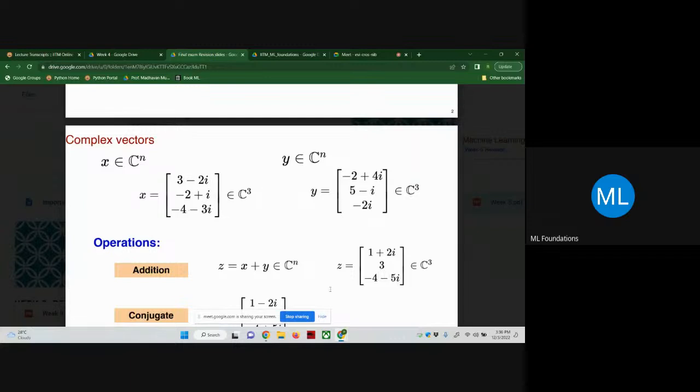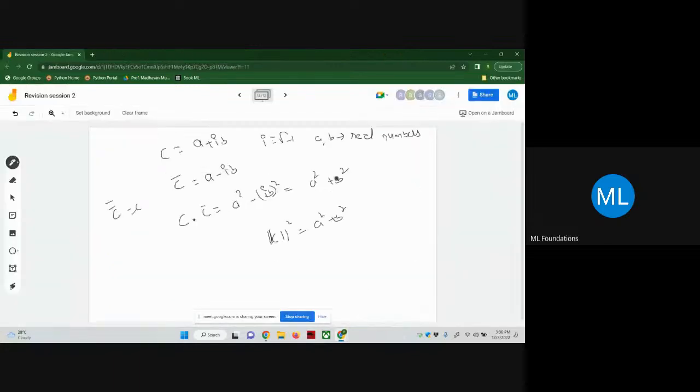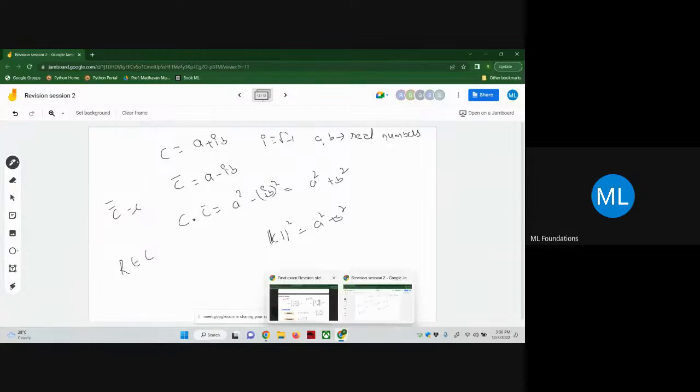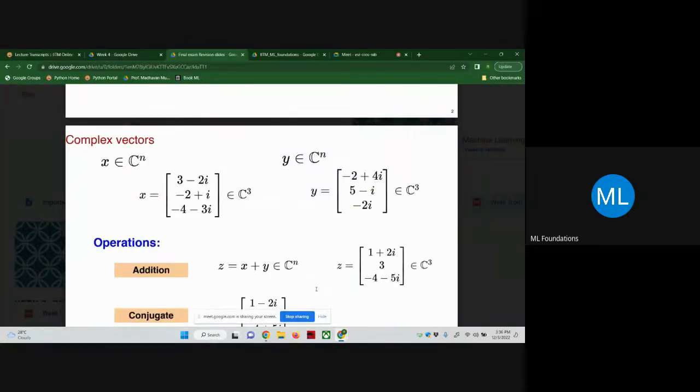One other thing: all real numbers are a subset of the complex numbers, where b is equal to 0. Real vectors are likewise a subset of complex vectors, because in real vectors you won't have the i part.